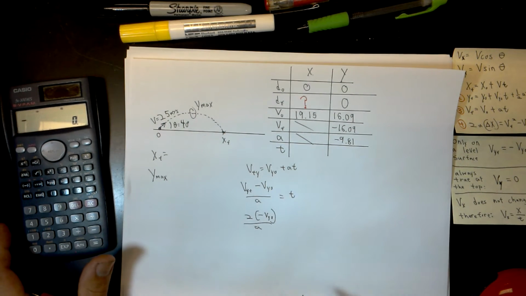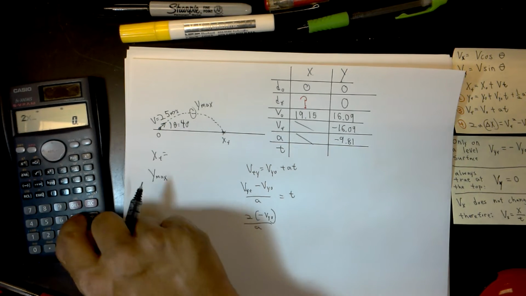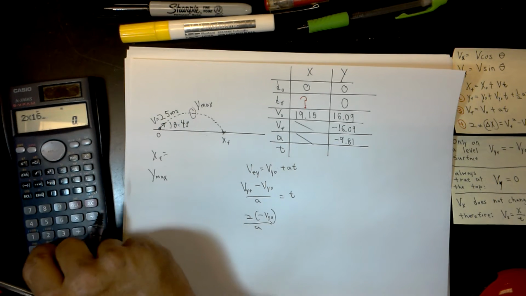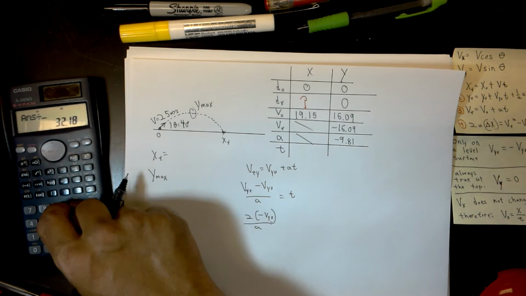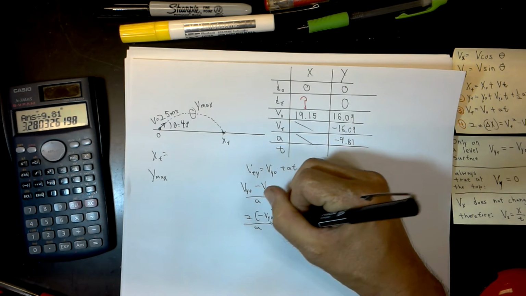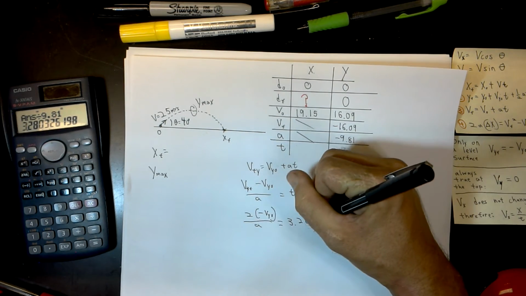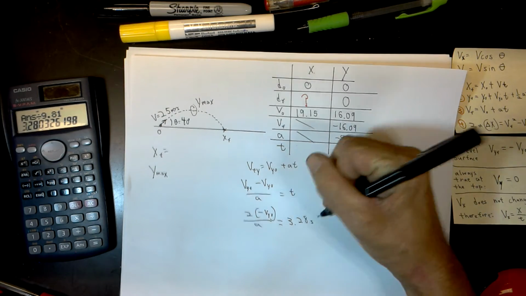So if I replace VYF with a negative VYO, then I get 2 times negative VYO divided by the acceleration. So you could do that to see if that works as well. I skipped the negatives on my calculator because I knew they were going to cancel out. And I get 3.28 seconds for the amount of time.